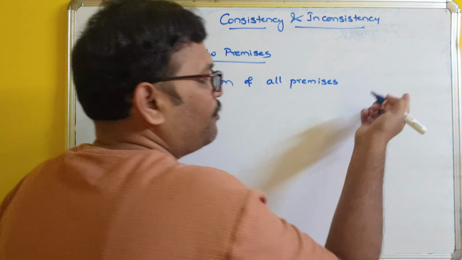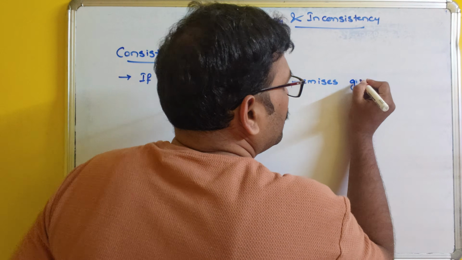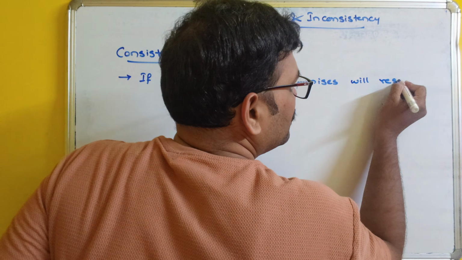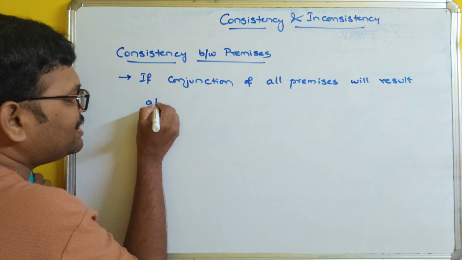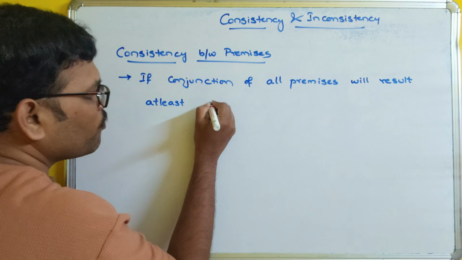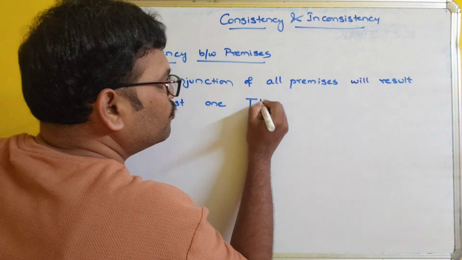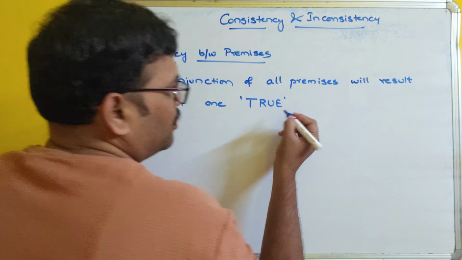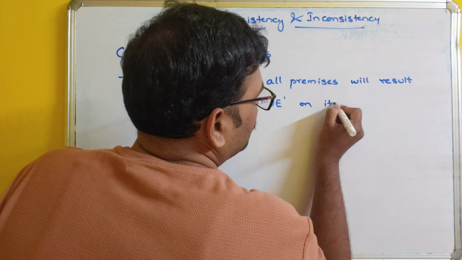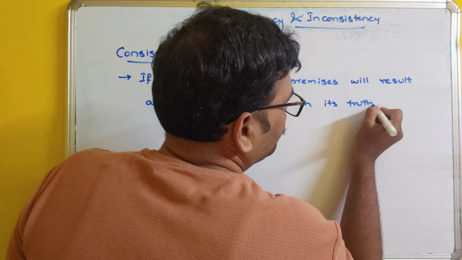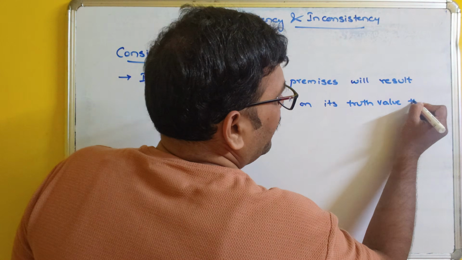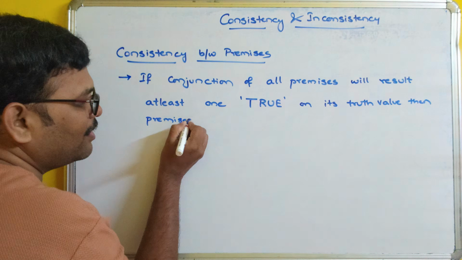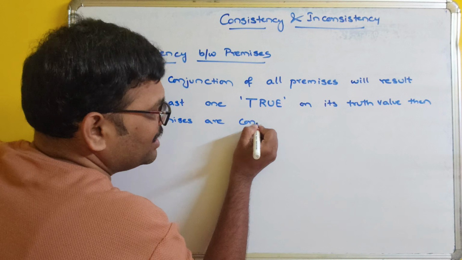If the conjunction of all premises will result in at least one true on its truth value, then the premises are consistent.